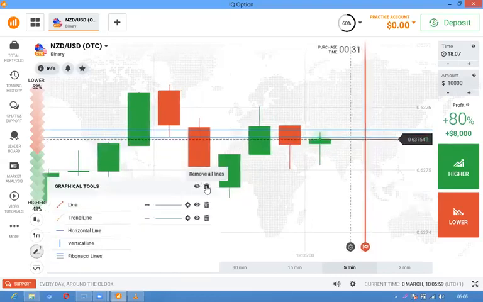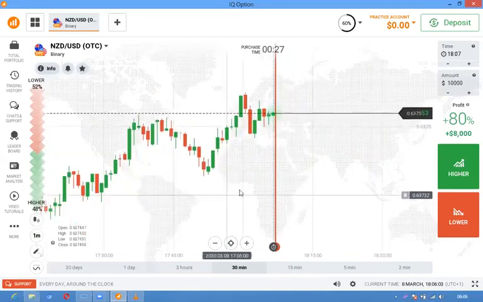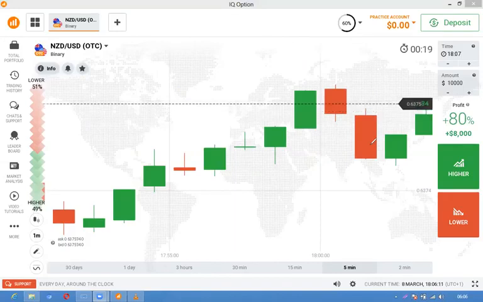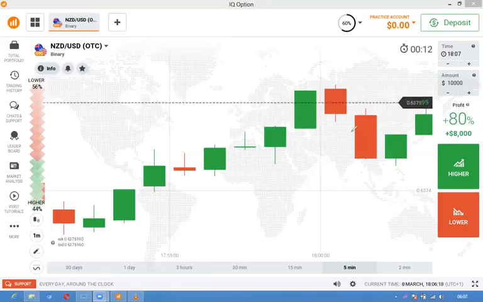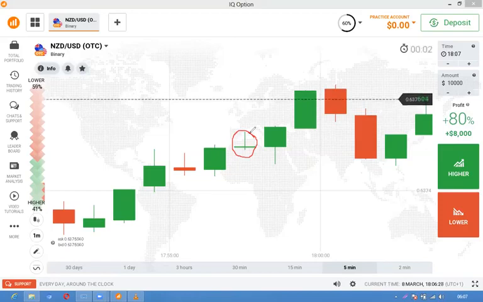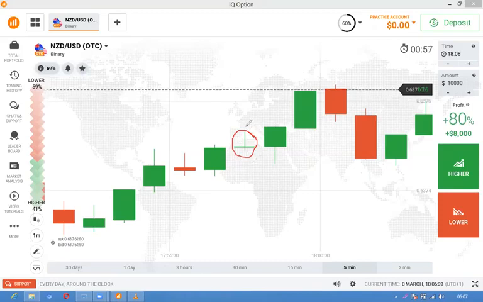And if you observe the videos I upload, I saw something like this, a wick bullish candle like this, a wick bullish candle.